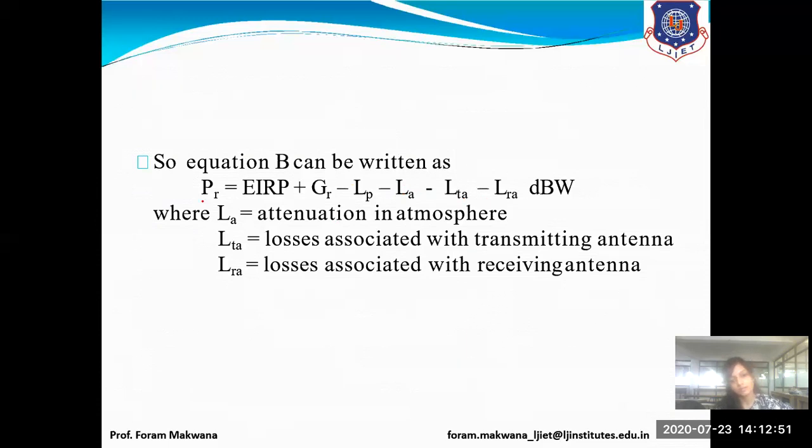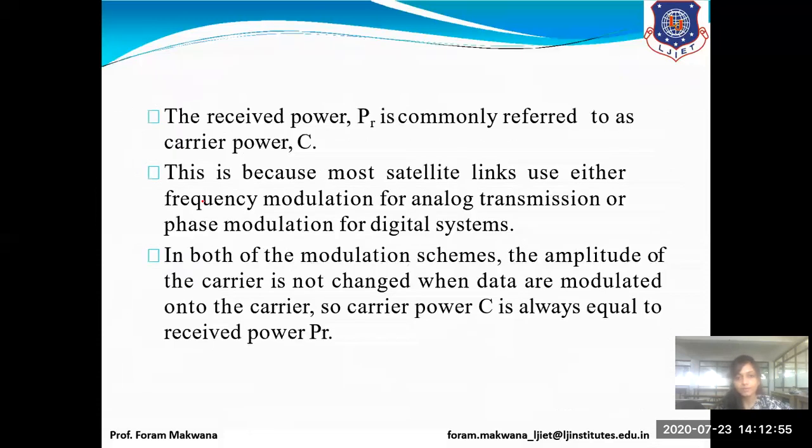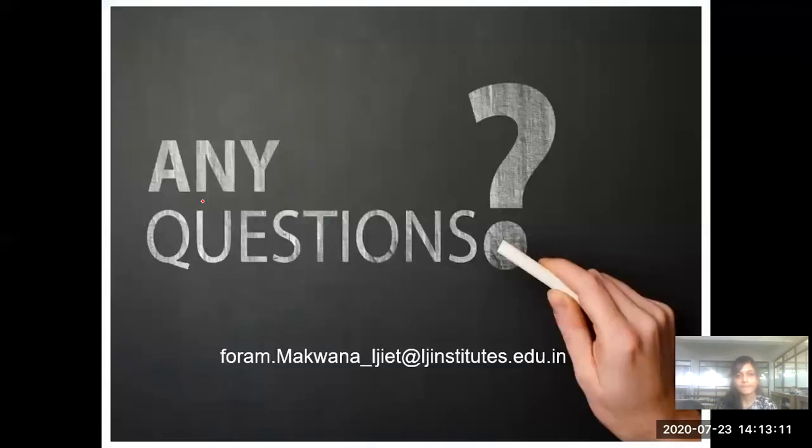So this is the power received in dB. Okay. The received power is commonly referred to as the carrier power. These links use either frequency modulation for analog transmission or phase modulation for digital systems. So over here, basic transmission theory is finished.